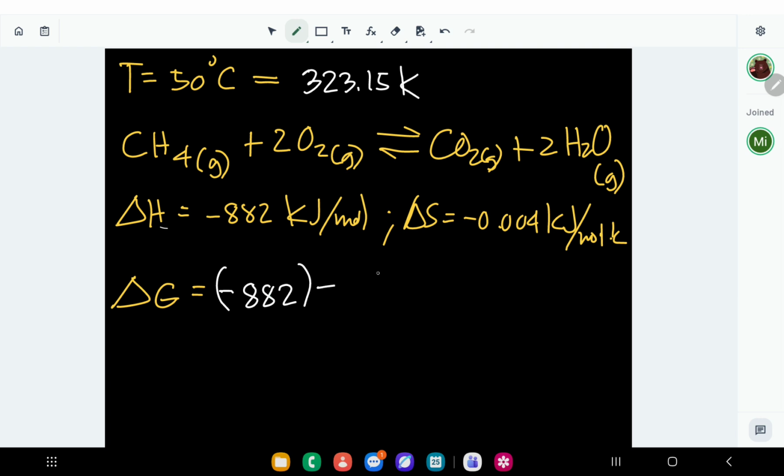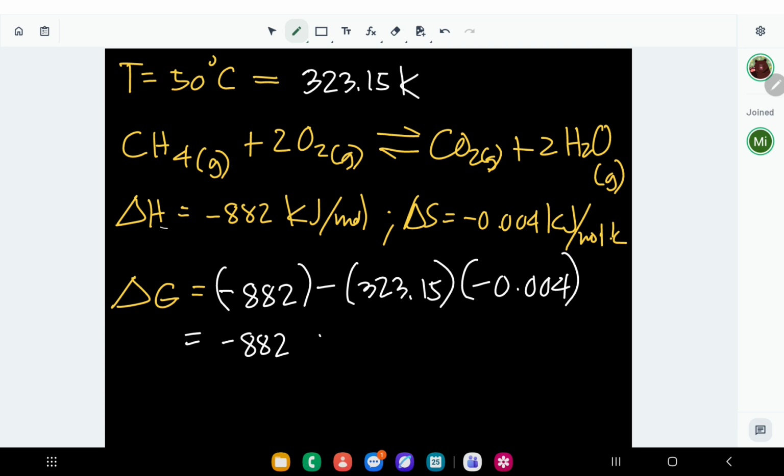Delta G is negative 882 minus 323.15 times negative 0.004. So this is negative 882 plus 323.15 times 0.004, which is 1.292.